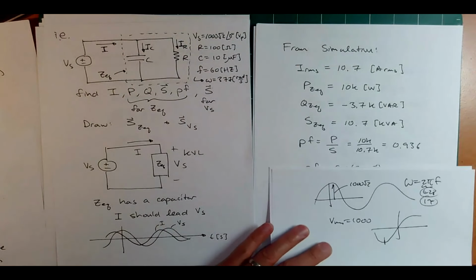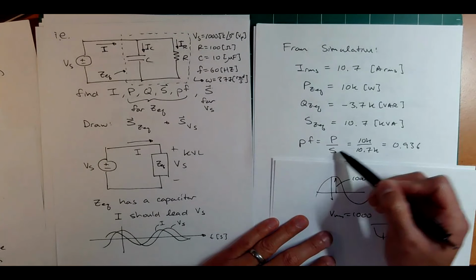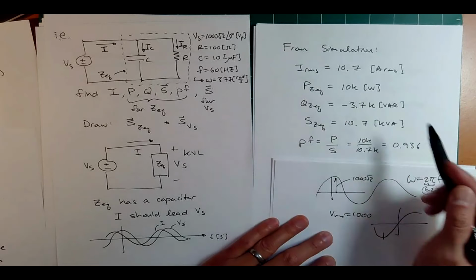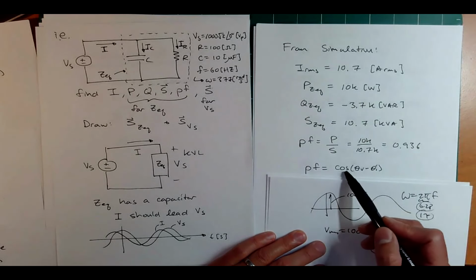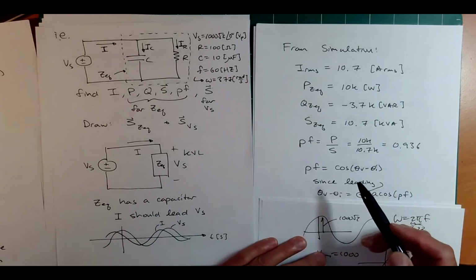Good. Okay. The power factor is the ratio of real over apparent. So it's 10K divided by 10.7, so 10 over 10.7, 0.93. Okay, good. And what's the power factor? We know the power factor is cosine of theta V minus theta I. We know it's leading. So here's an important point.